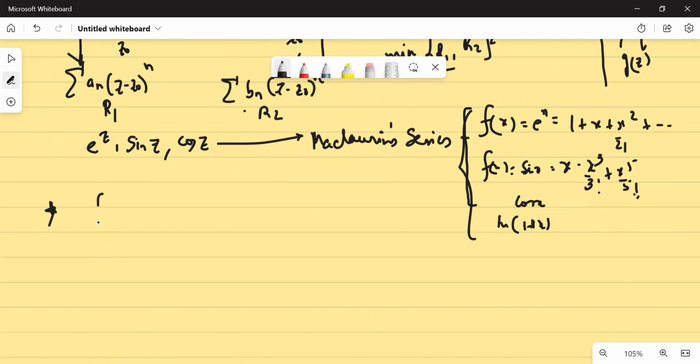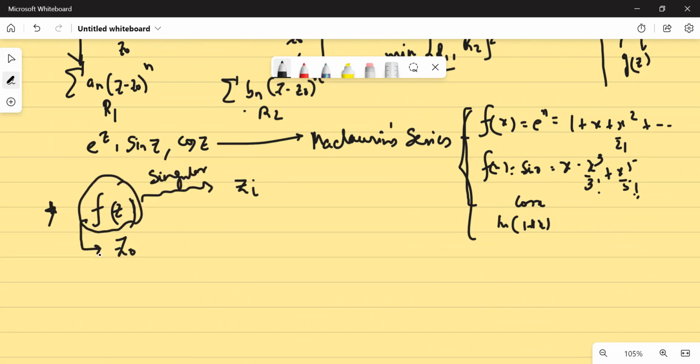This point I have already stated: if your function is non-analytic at, let's say, point z_i, or it is singular at point z_i, and it is centered at z naught, and I want to expand this particular function about z naught in terms of a Taylor series, I fairly know that z_i will create a problem. So what can be the radius of convergence?